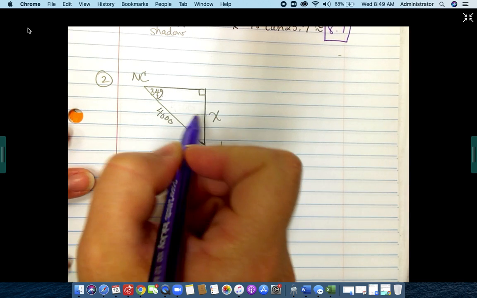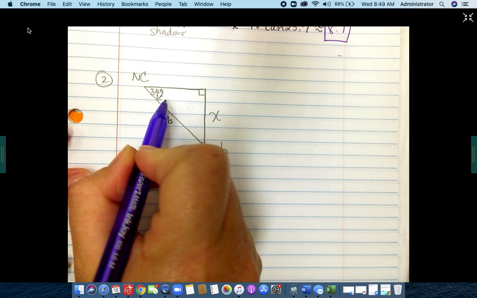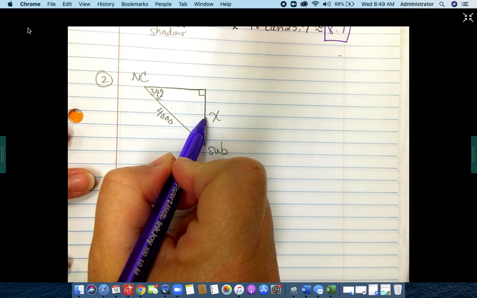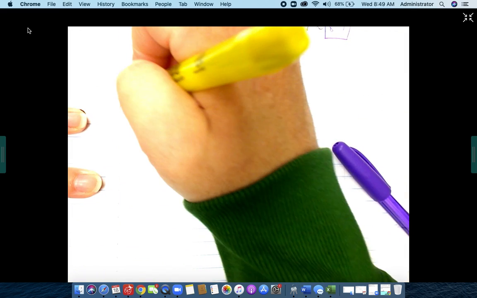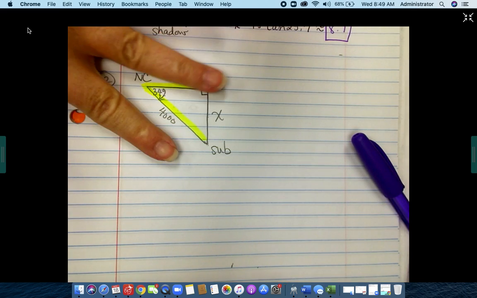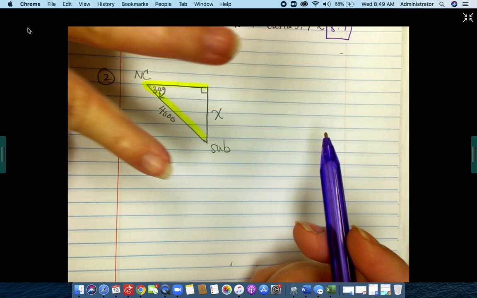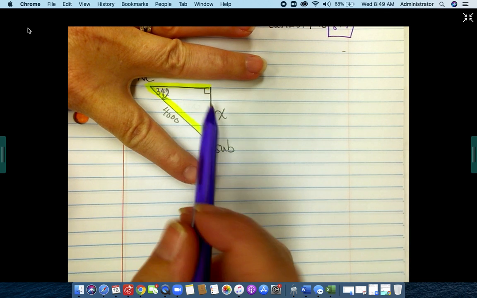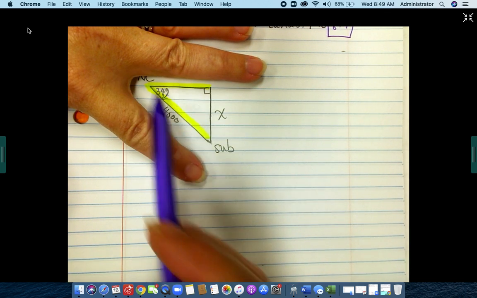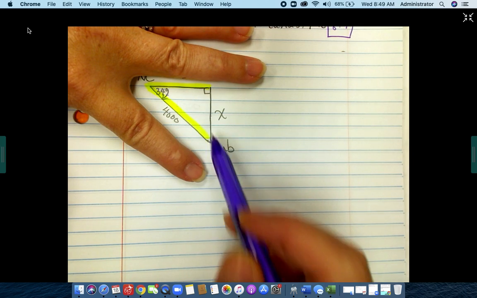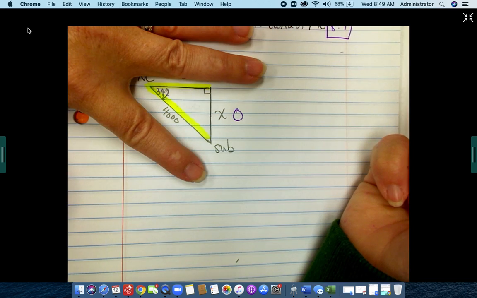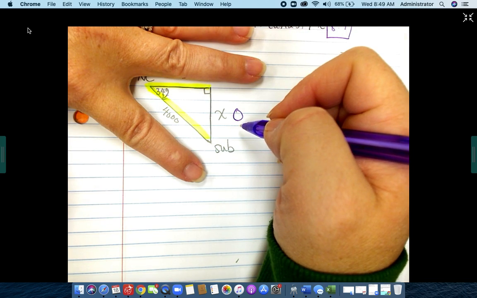So for this triangle, if I highlight the sides of the angle that I'm given right here, remember in the original video I used a peace sign, right? So these two sides here are next to this angle 34. They're beside it, but the side not highlighted here would be your opposite.